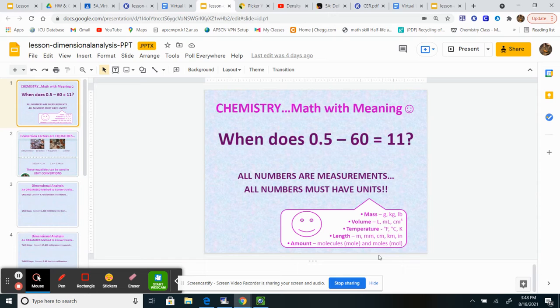So it all depends on units. This particular example is going to be based off of time. If you look at time, we have 24 hours in a day. So half a day is going to be 12 hours.